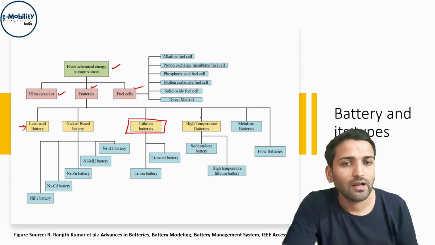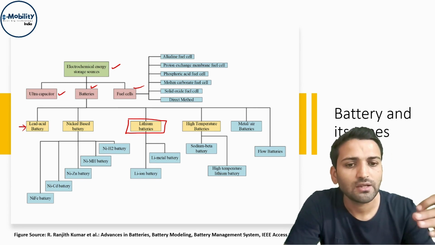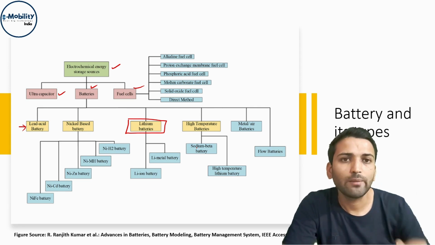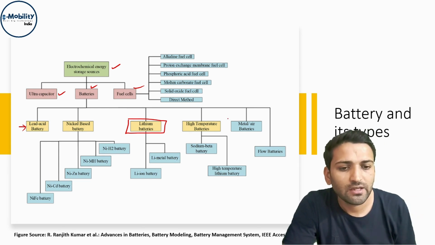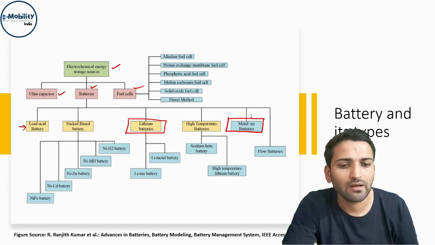But there are also other kinds of batteries which are getting interest, or which are being pushed by companies or research agencies. These are high temperature batteries like the sodium beta battery or high temperature lithium batteries. And another interesting battery which will be coming in a few years is the metal air battery.